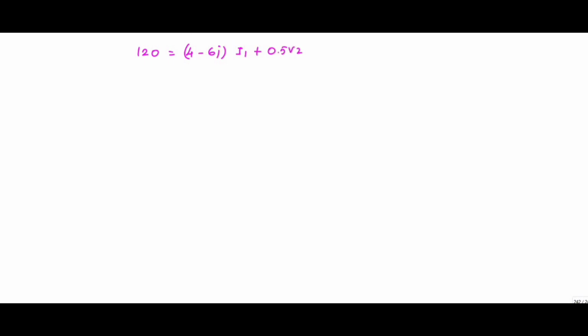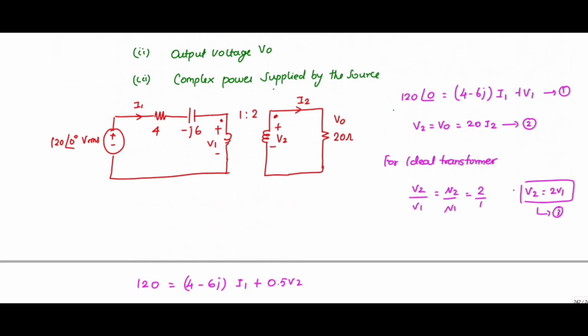If you see this diagram, both the dots are the same, so V2 by V1 is equal to N2 by N1. If it is in the opposite direction, suppose the dot is here and for the secondary the dot is here, then V2 by V1 is equal to minus N2 by N1.